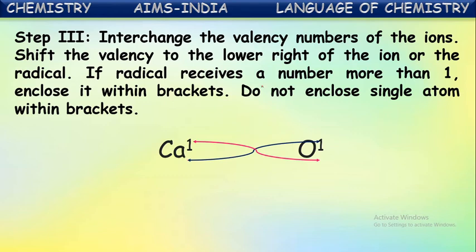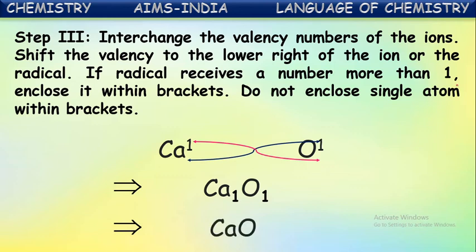If a radical receives a number more than 1, we keep it in brackets. If it is 1, we need not keep any bracket. And if the number obtained finally is 1, we need not mention it in the formula. So the final formula becomes CaO. The formula of the calcium oxide compound is CaO.